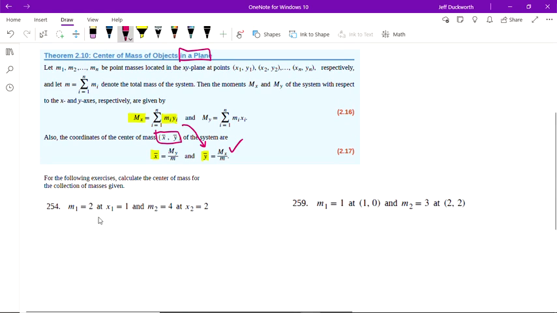So m, capital M, is the sum of i equals 1 to just 2, because n is 2, of the mi times xi. So this equals the first m is 2, and the first x is 1. And we add that to the second m, which is 4, multiplied by the second x, which is 2.